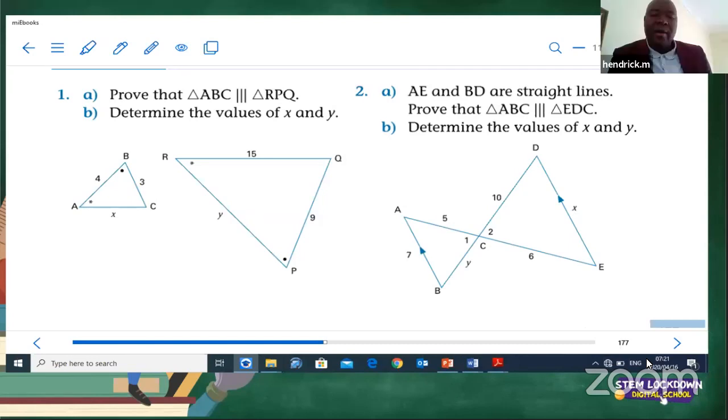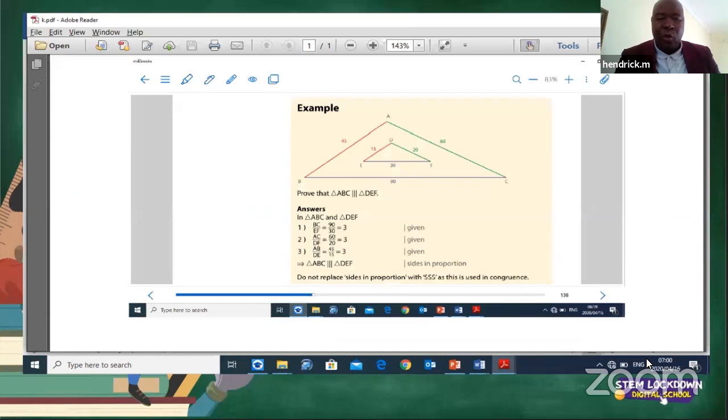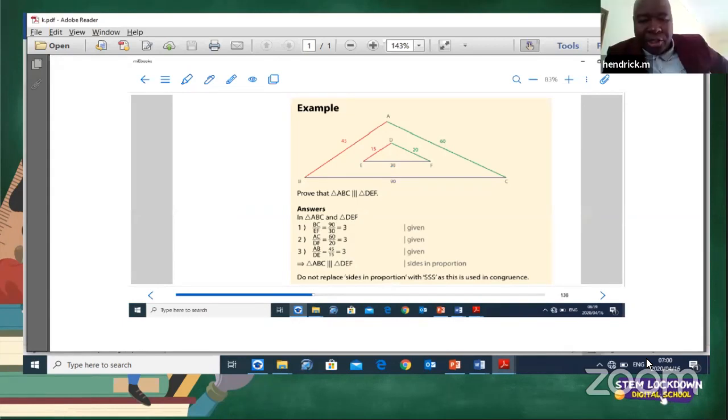For example, let me take you back to the formula for proportion just to recap. If you look at this example here, which we did yesterday, we said that you need to prove that triangle ABC is similar to triangle DEF. Now, you can see proportion BC over EF.